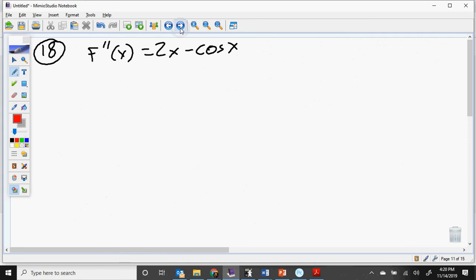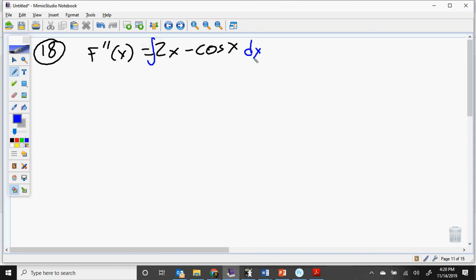18. Alright, it says the second derivative of f is given. What could be the f? So we're going to say, well, I can go backwards by taking an integral. This is going to look a little different than something we've done, but I think we can do it. Integral.